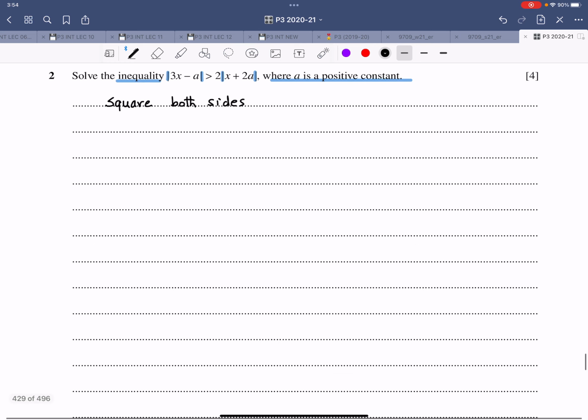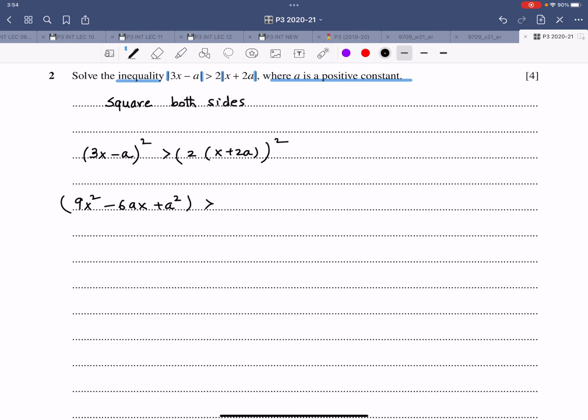So therefore (3x minus a) the whole thing squared is greater than (2x plus 2a) the whole thing squared. Therefore, this is 9x squared minus 6ax plus a squared, that is the left. This is 4 times x squared plus 4ax plus 4a squared.